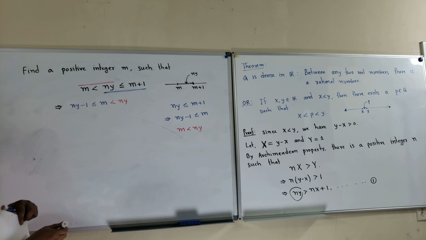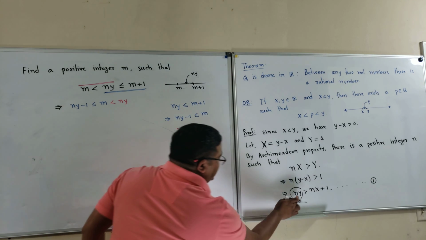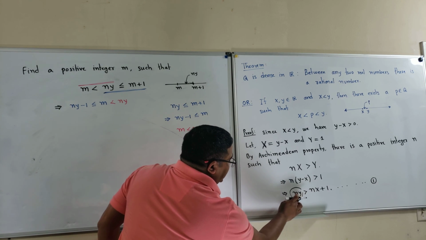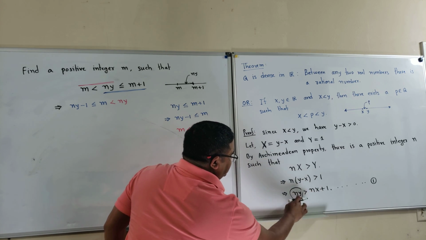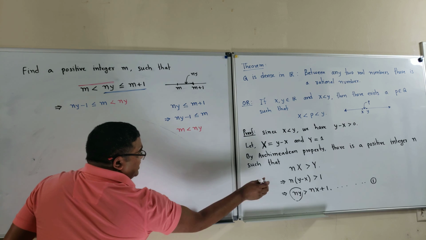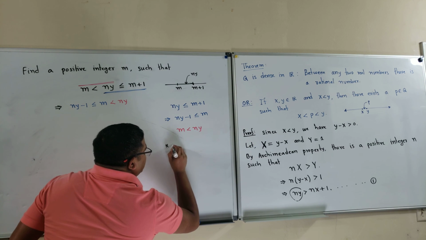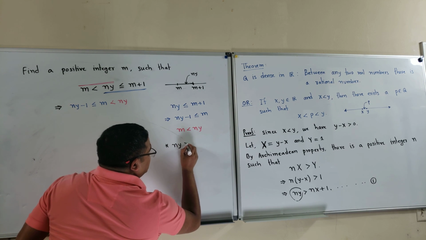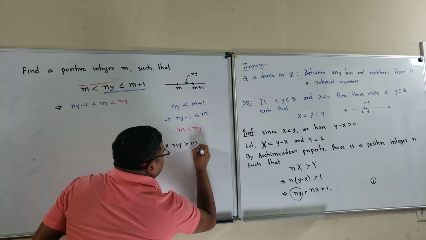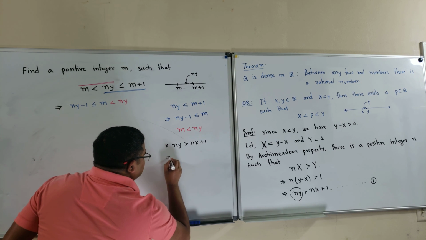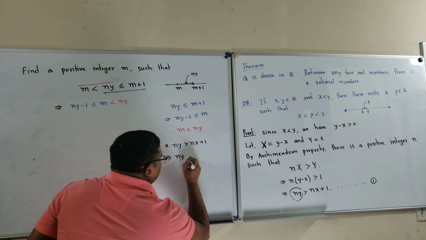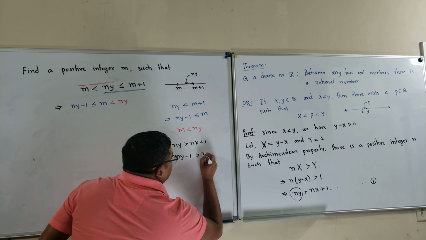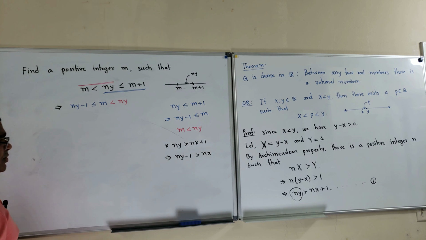Now from equation 1, ny is more than nx plus 1. So what is ny minus 1? In equation number 1 we have ny more than nx plus 1, so ny minus 1 should be more than nx. Okay.